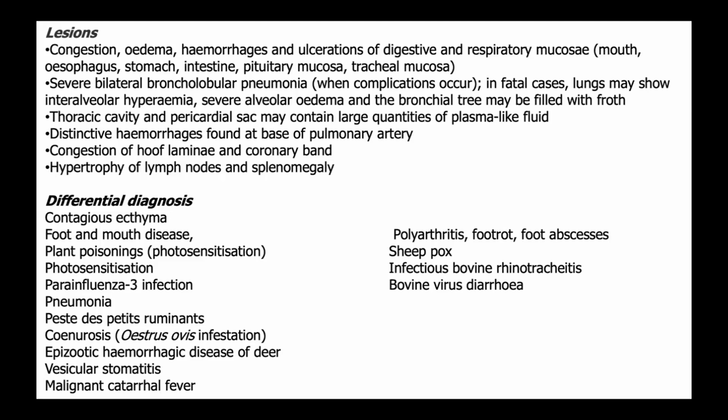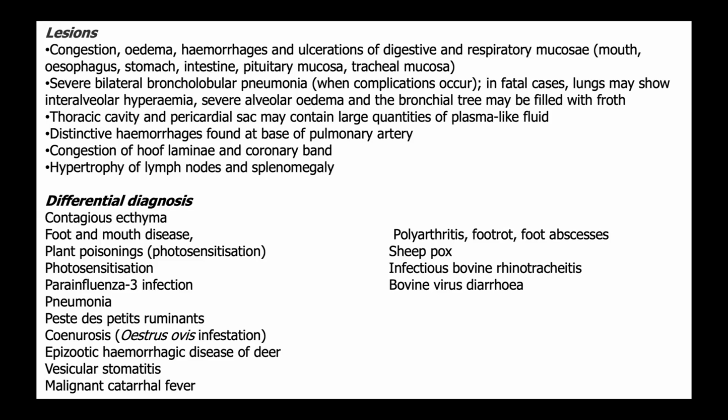So, differential diagnosis. Again, most of these symptoms are also seen in other diseases, especially contagious ecthyma, FMD in sheep, plant poisonings, photosensitization, parainfluenza 3, pneumonia, pestis, PPR, epizootic hemorrhagic disease of deer, vesicular stomatitis, and foot rot.